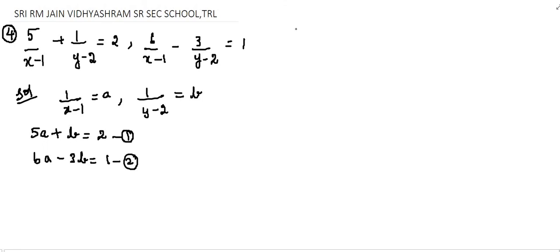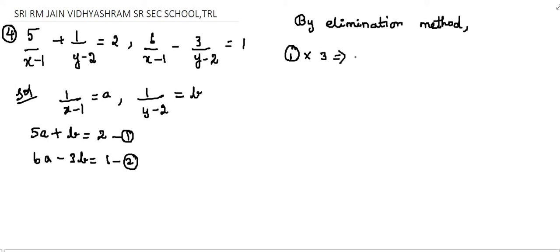I am going to solve this by the elimination method. So I am going to multiply the first equation by 3 to remove the variable b. So 5 3s are 15a plus 3b, 3 2s are 6.